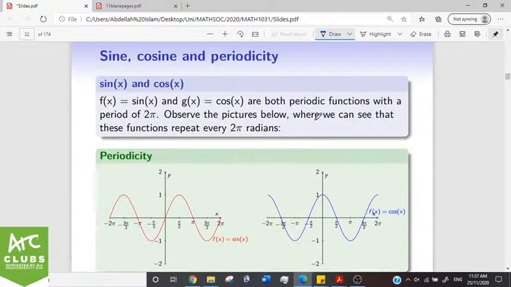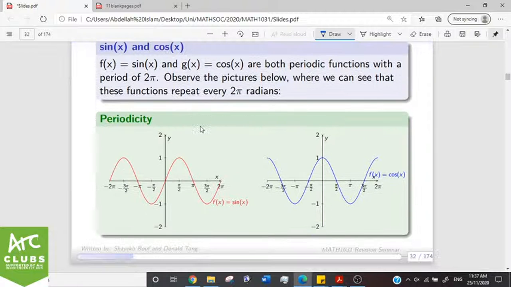Right, so here are the classic two examples of periodic functions, sine and cosine. Here you have sine, here's cosine. As you can see for cosine, its value here is the same as its value here, and the same as its value here. Sine, its value here is the same as its value here and here.